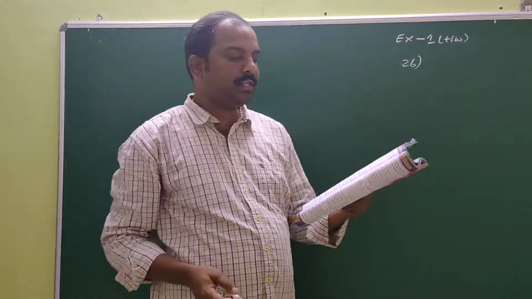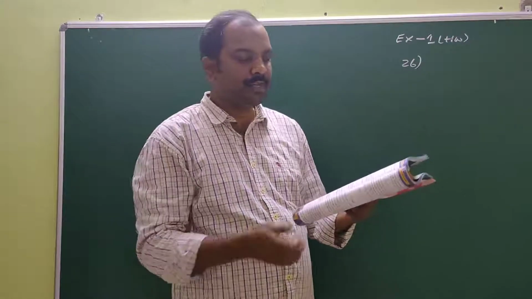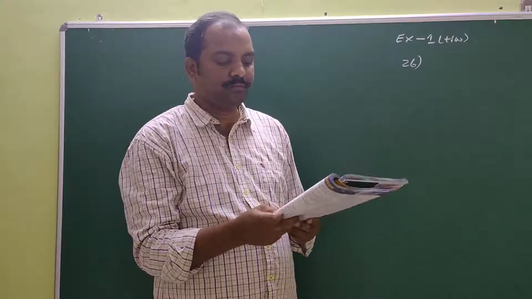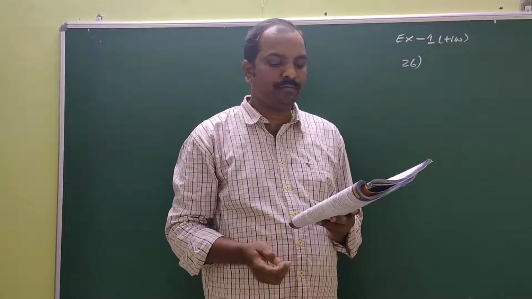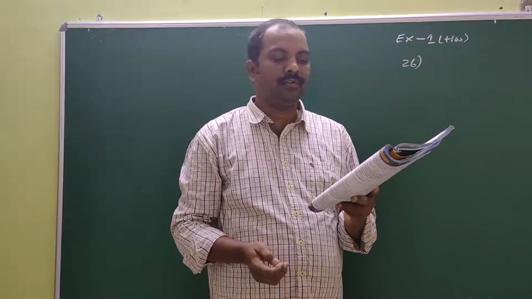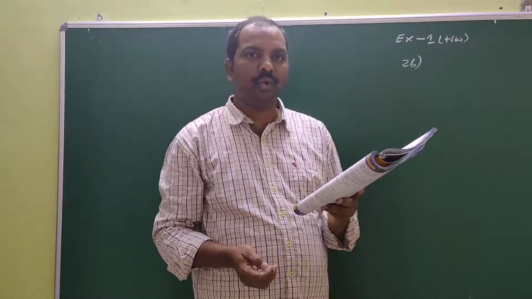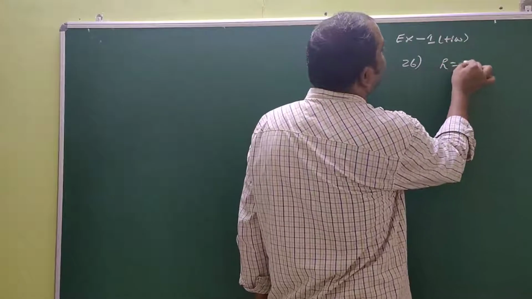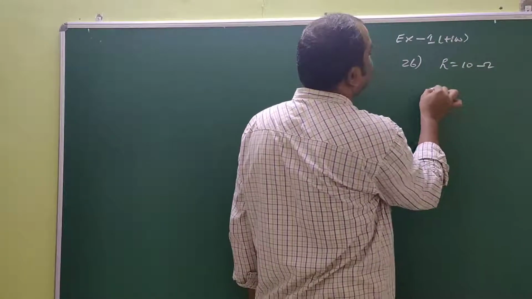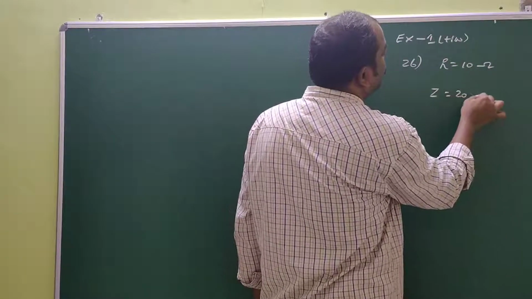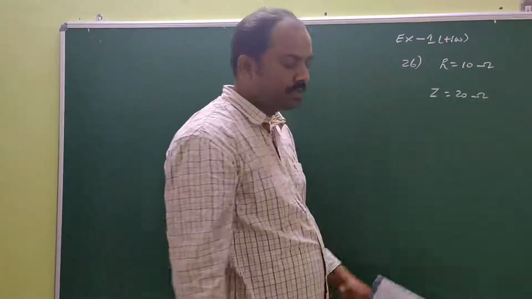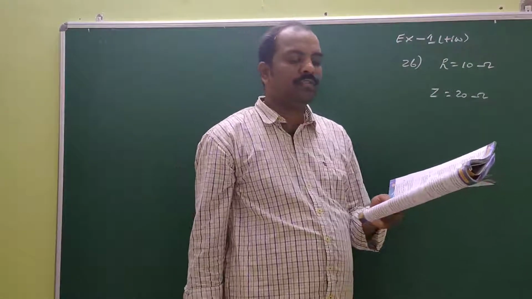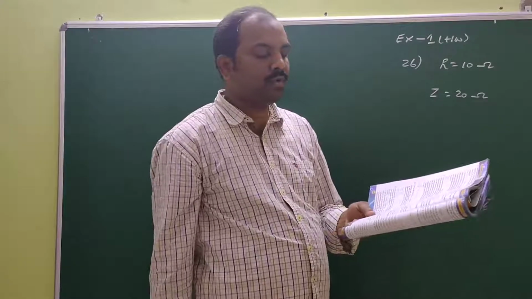In a series LCR circuit, resistance is 10 ohm and impedance is 20 ohm. Then the phase difference between the current and voltage is. Now what is he asking? The phase difference between the current and voltage.